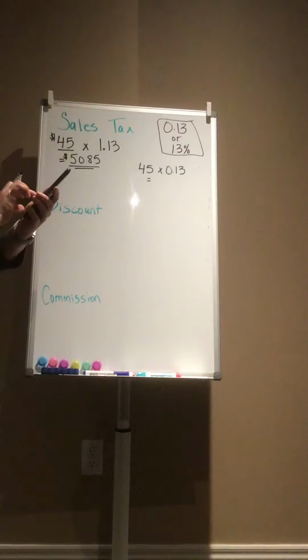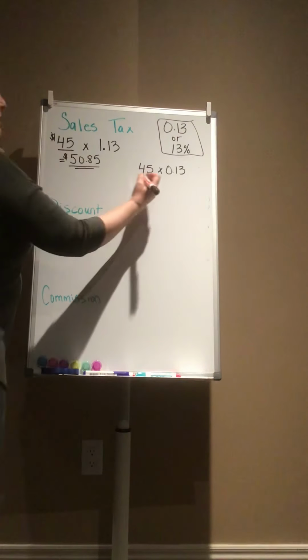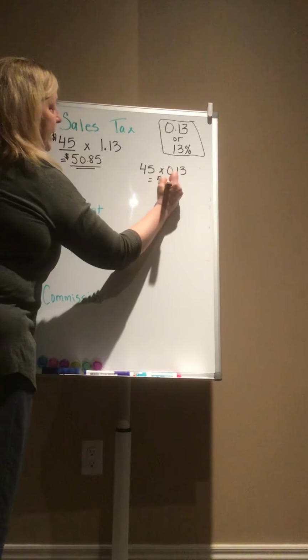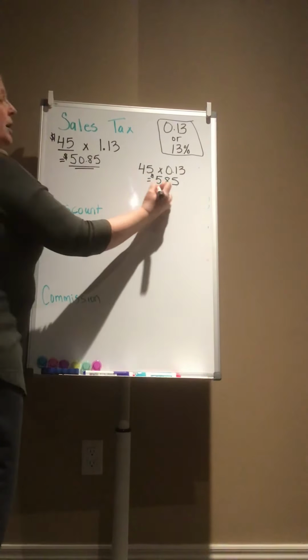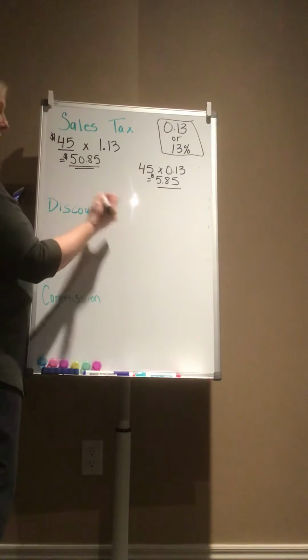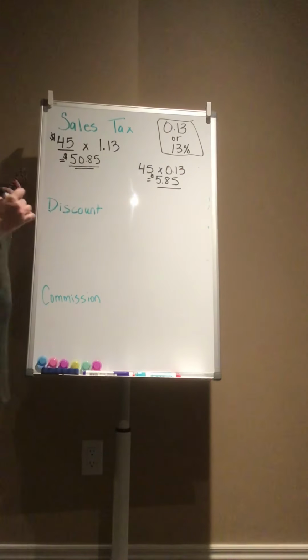So 45 times decimal 0.13 equals $5.85. So just how much is in tax versus the total cost. Okay, that's two things.